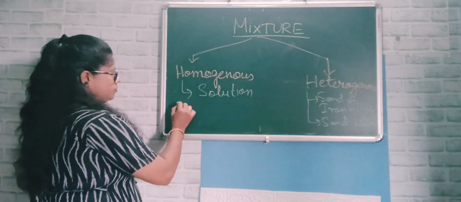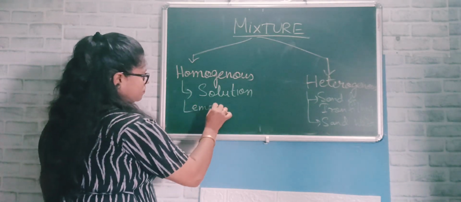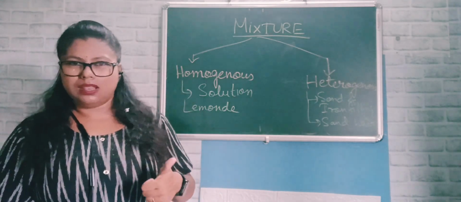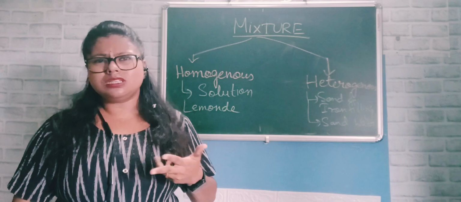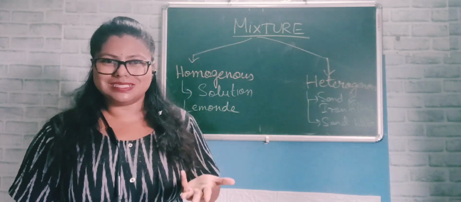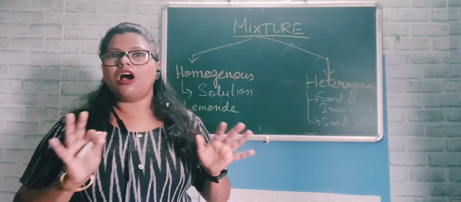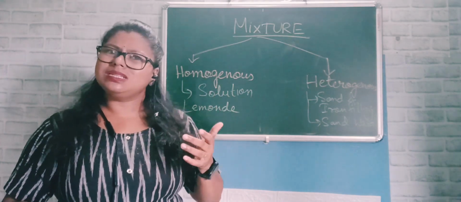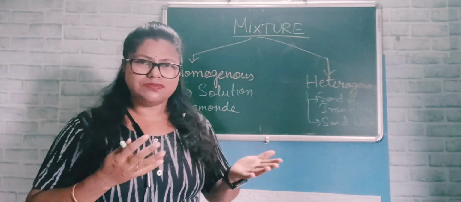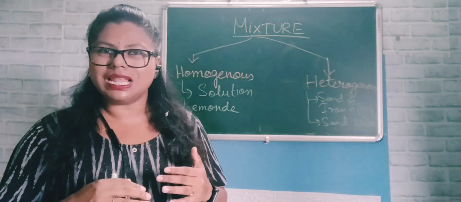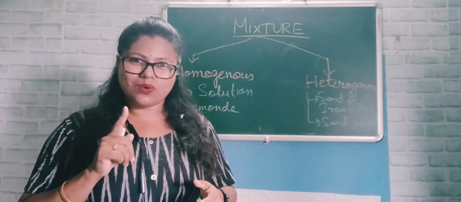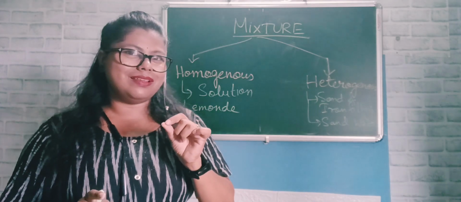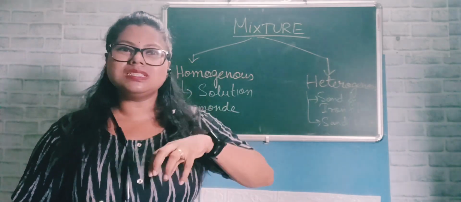Like your lemonade. When you make a lemonade, what are the things you are going to use? Lemon, sugar, salt, maybe some spices like jaljeera. We dissolve everything in water. Now that glass of lemonade will taste very similar from its beginning till end, unless the spices which you might be using at the last are deposited at the bottom.